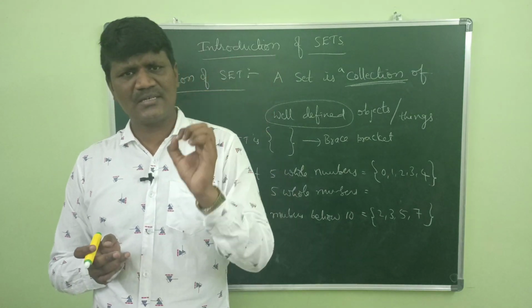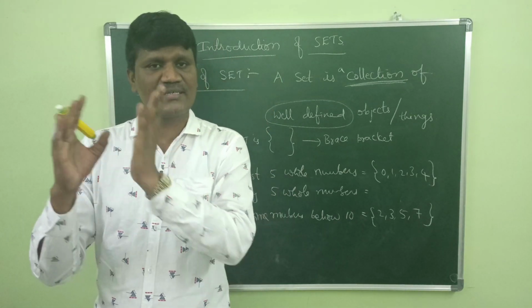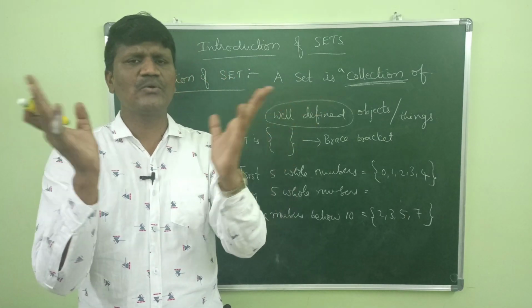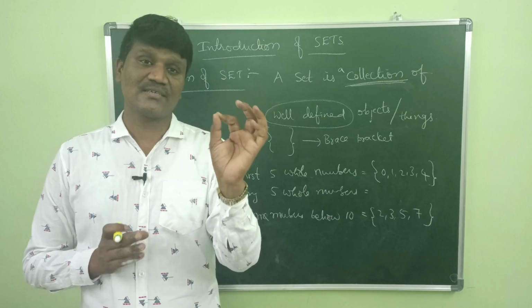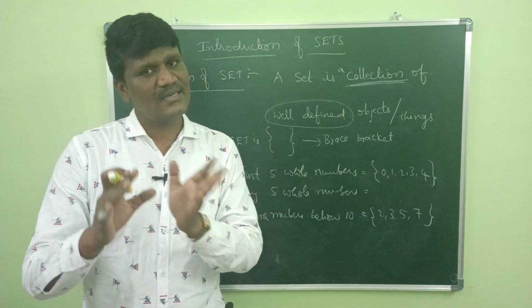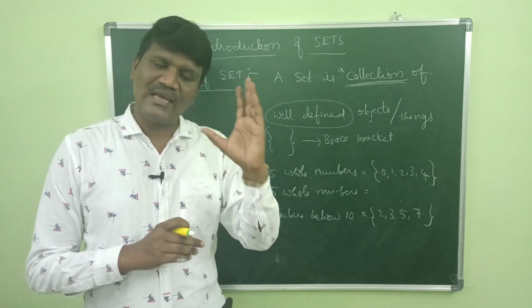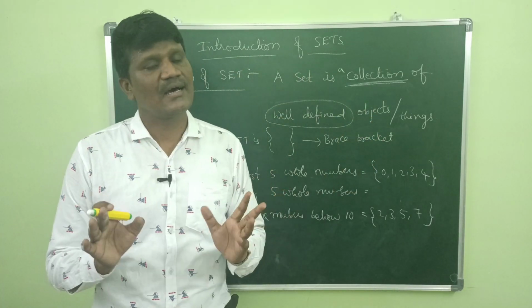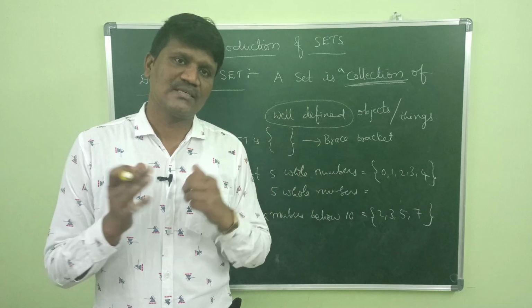Right? Now you understand what is well defined and what is not well defined. Well defined is nothing but if everyone is able to write the same answer, then that is well defined, otherwise it is not well defined. If the elements are well defined, then only that is called a set, otherwise it is not a set.